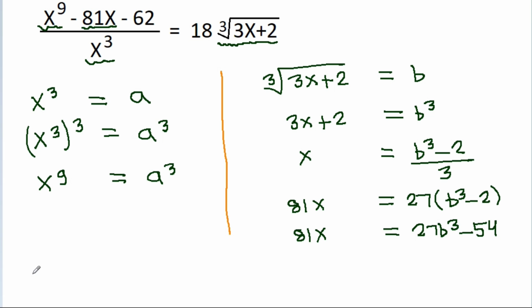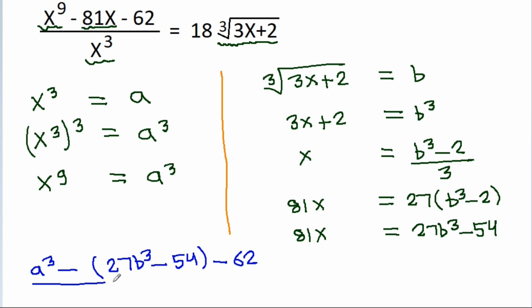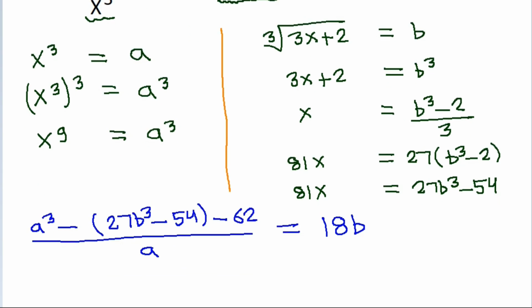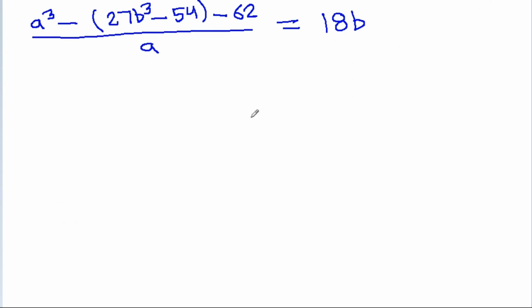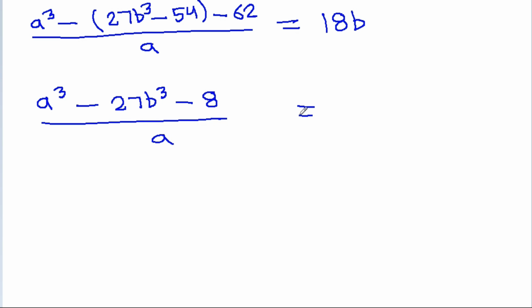So x^9 is a^3, minus 81x is 27b^3 minus 54, minus 62/x^3 is a, that is equal to 18 times the cube root of (3x plus 2), which is b. It is a^3 minus 27b^3 plus 54 minus 62, which is minus 8, over a, equal to 18b.